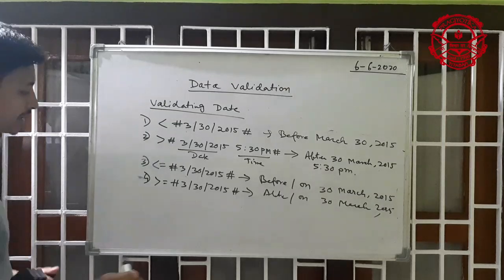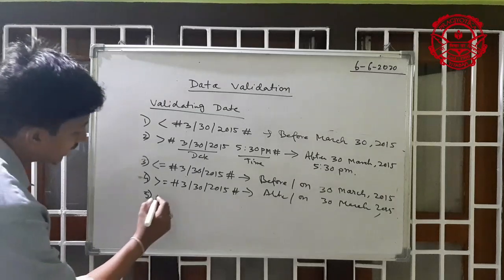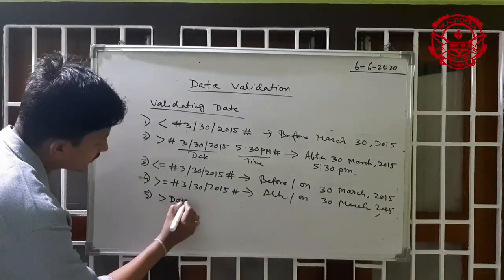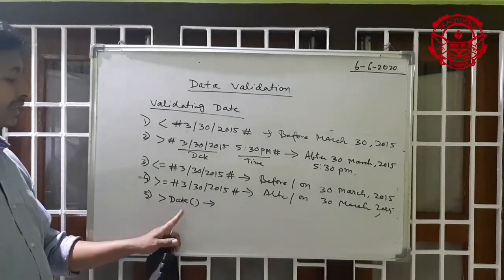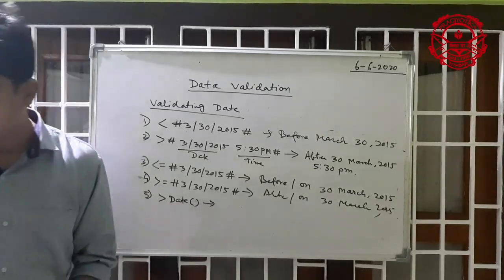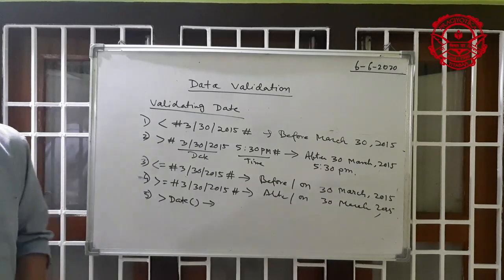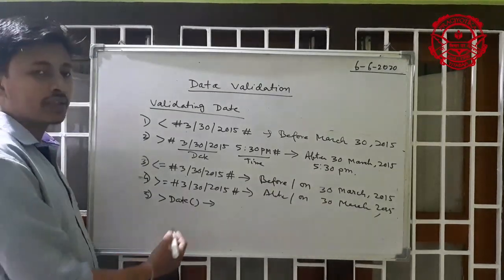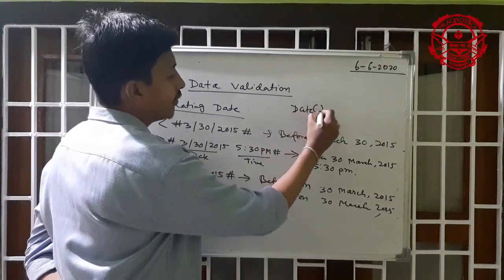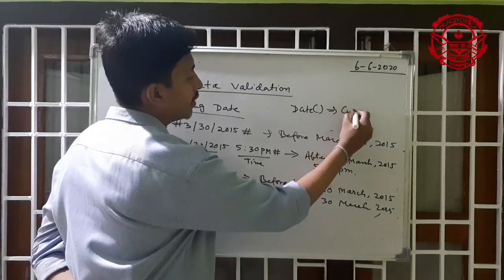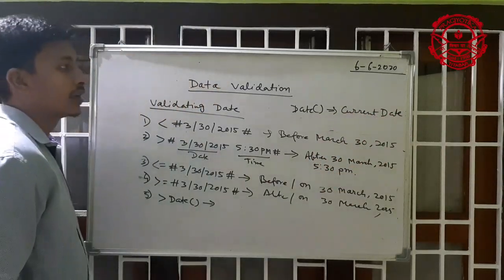Number 5, there is a function given. You can see greater than Date. Date is a function. It means the date occurs after the current date. The Date function will give the current date. Current date means what?